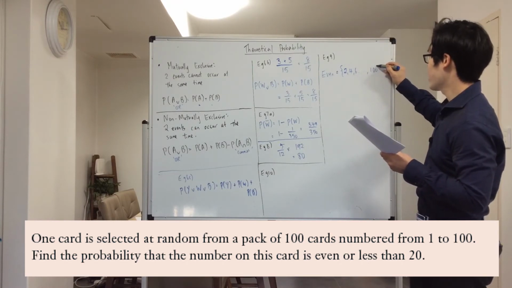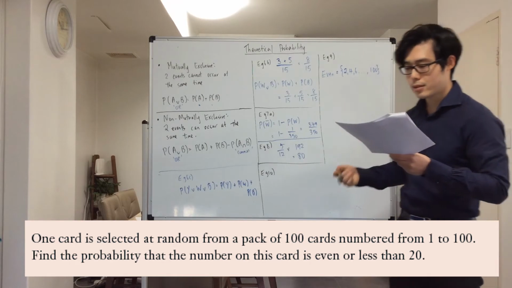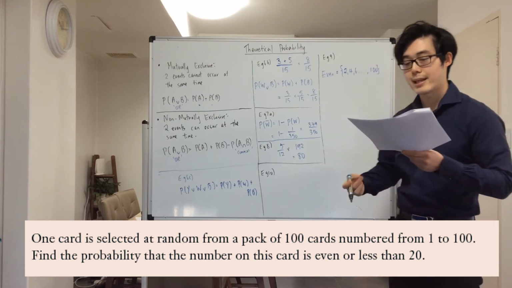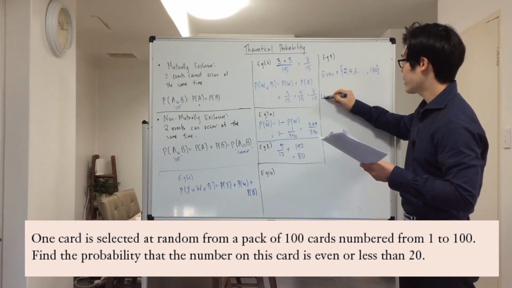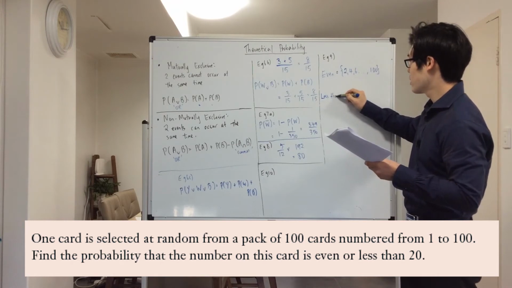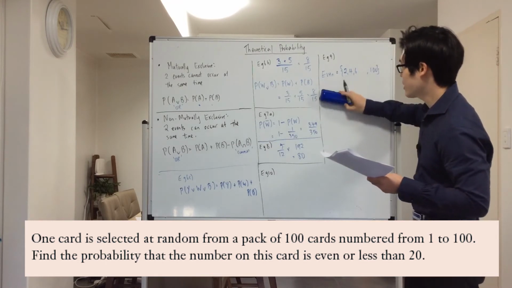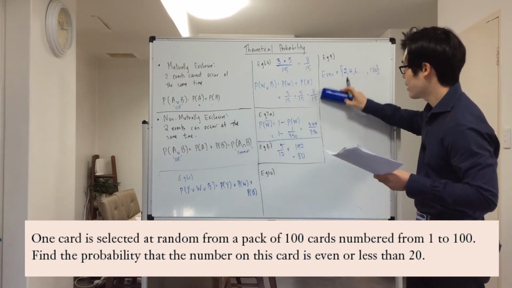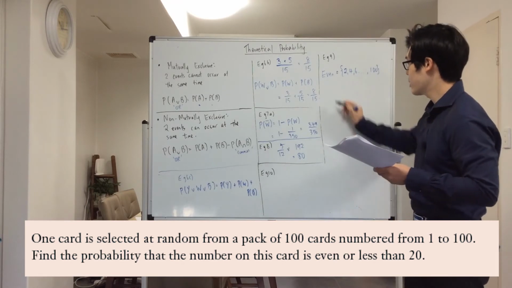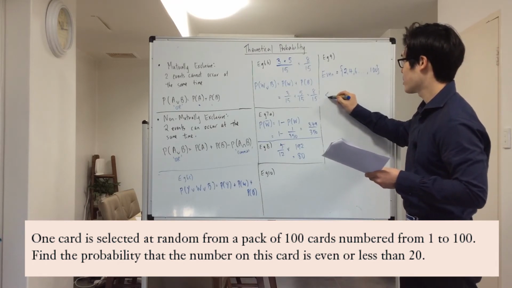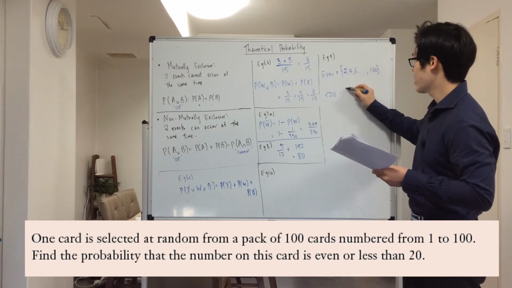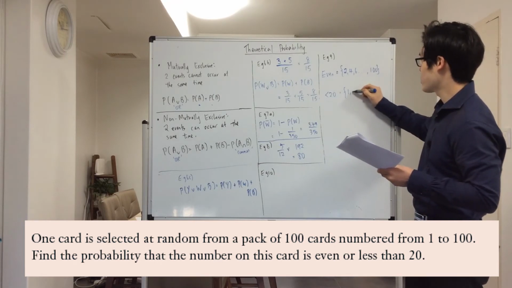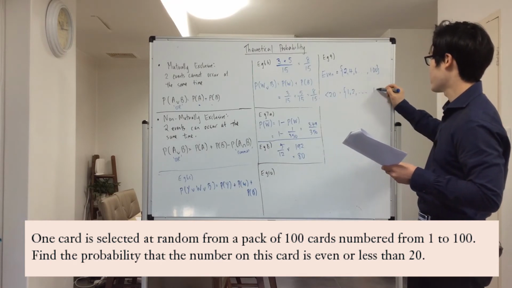That's my even numbers. Now for the next part, it says less than 20. Let's write it like this. Less than 20 in inequality sign is just less than 20. That's basically all the numbers from 1 all the way to 19.